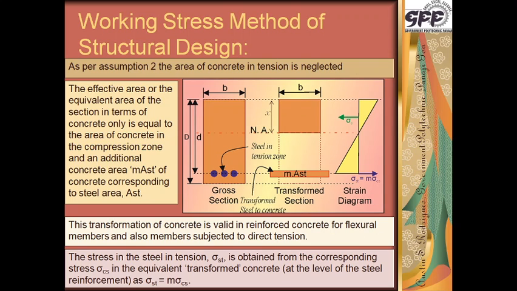So this transformation is valid for that case also. The stress in steel in tension, sigma st, is obtained from the corresponding stress sigma cs in the equivalent transformed concrete at the level of the steel reinforcement, as sigma st equals m into sigma cs.